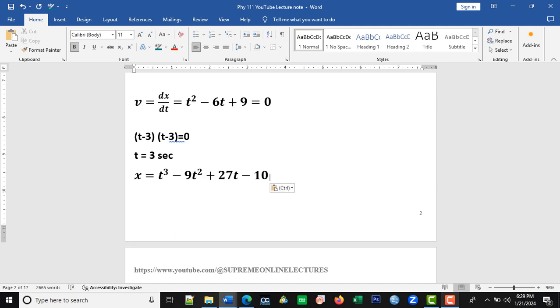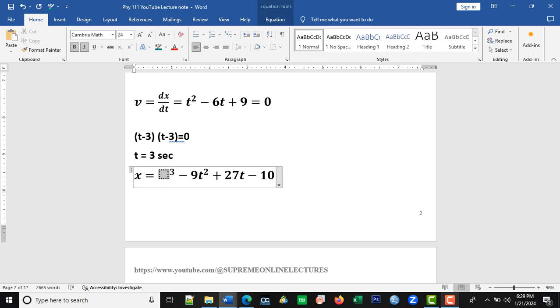Alright, so we now substitute the value of t equal to 3 here, 3 here, so 27 times 3, and then we simplify.